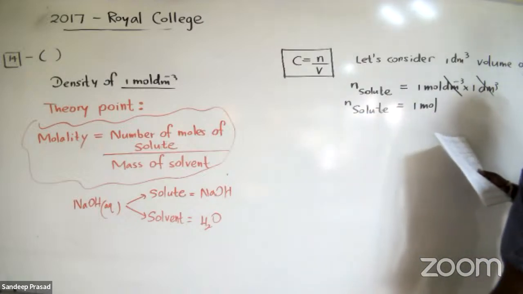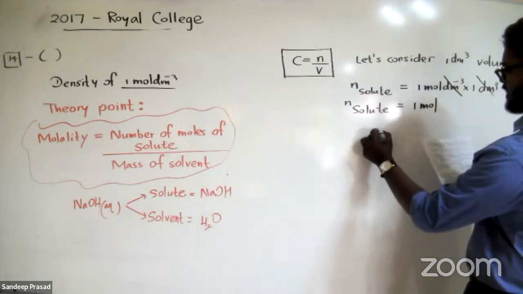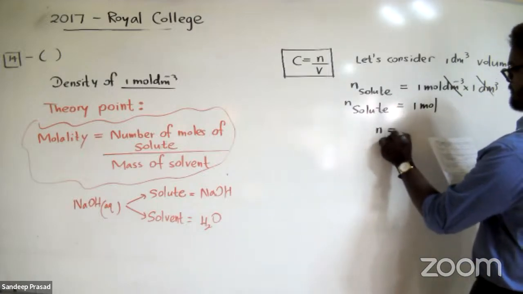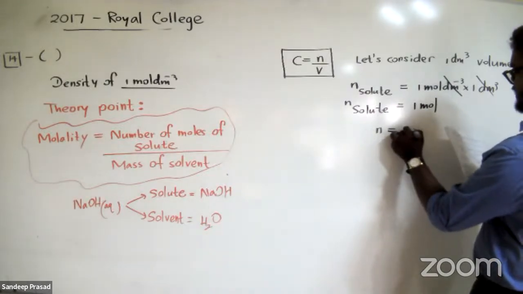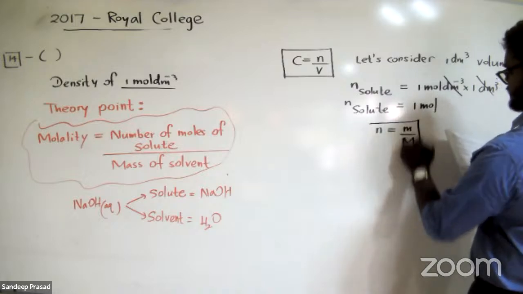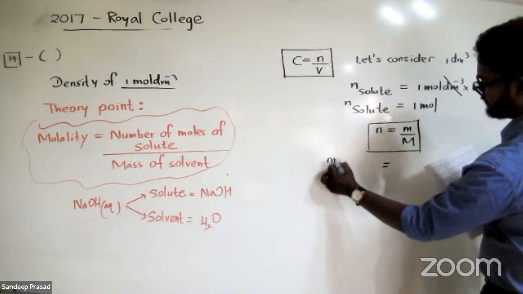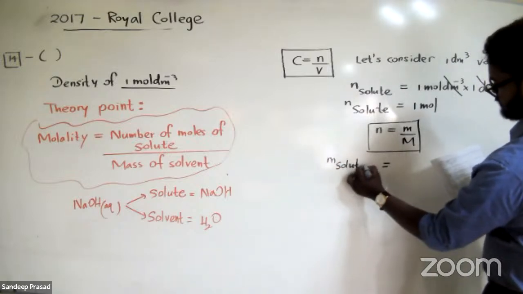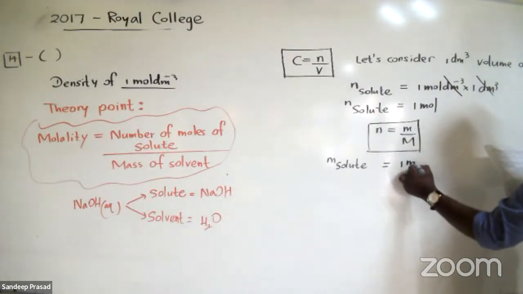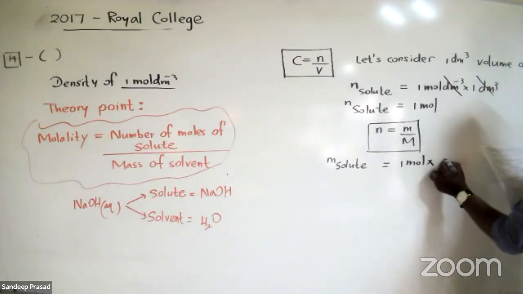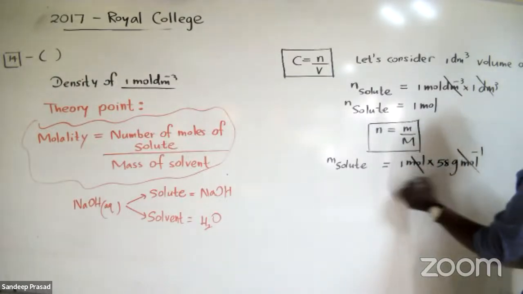And the next one is they have given the molar mass. So we know that n equals mass over molar mass, the theory point that we learned. How can we find out the mass of solute? Number of moles, 1 mole. Molar mass is 58 grams per mole. This is the unit of molar mass.